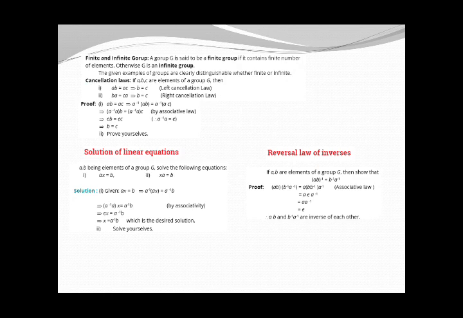We apply the associative property, and the same rule: a number multiplied by its inverse becomes identity, and if identity is multiplied by any number, the number is the same in the answer.